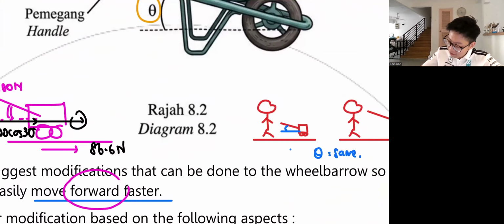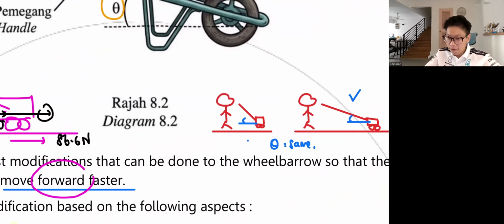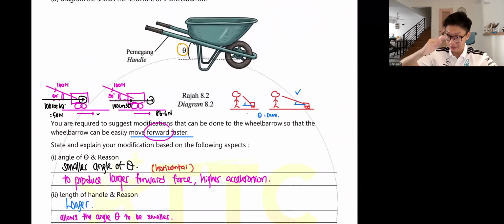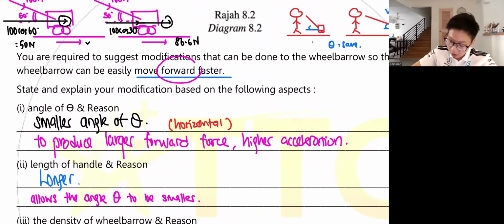Because otherwise, if this is too short, you will need to pull this stick higher, right? Then the angle will become very big already. So therefore, you use the length of the handle to be longer so that the theta can be smaller, or you can also say so that it is convenient to push. That's it lah. Okay, can.